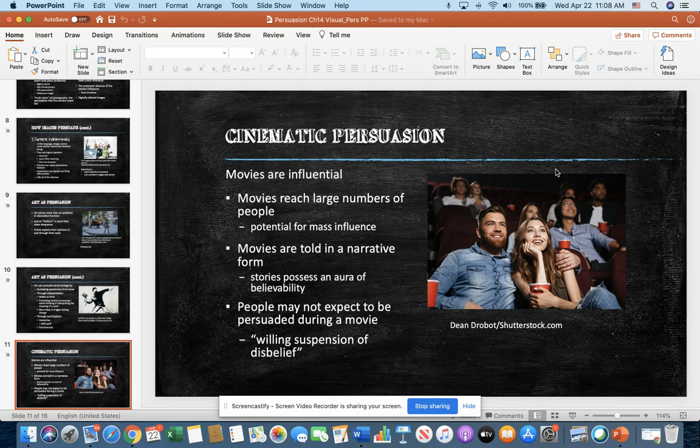So I'm always critiquing. But I think there are times where you just let down your guard and you just want to enjoy the next hour and a half. You don't want to go through a mental effort just to watch a movie, we want to be entertained. So if persuasion is coming, it has an easier target and a more open door to get in and make an impact.